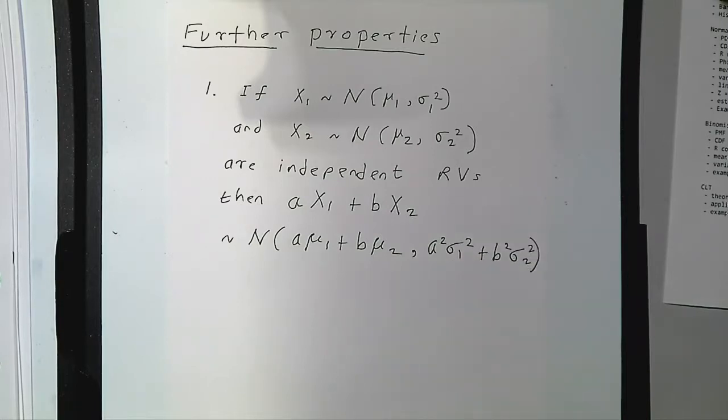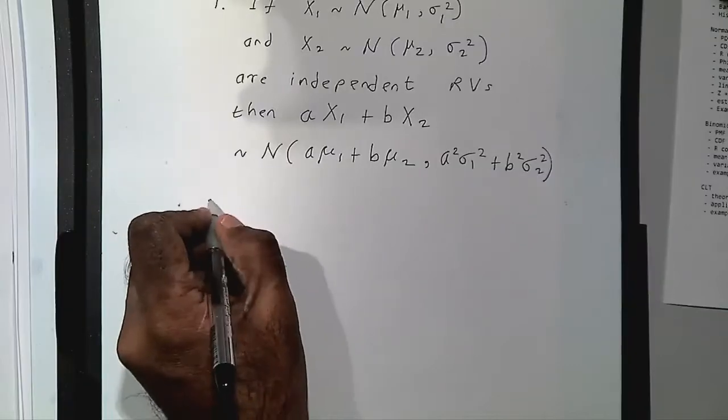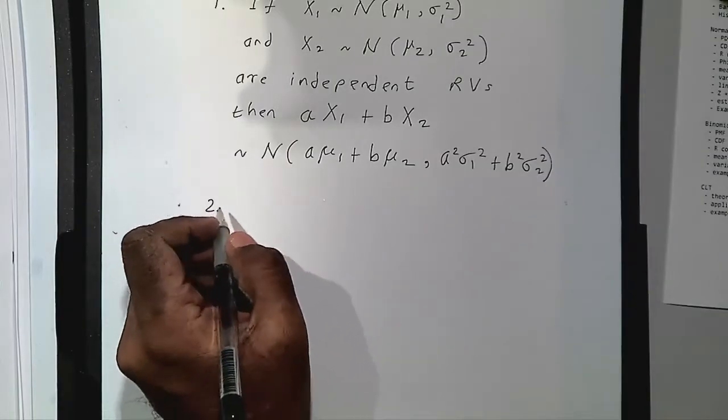All right, this property says the following, that if you have two independent normal random variables, then their linear combination is also a normal random variable. Okay, and the next one, number 2, is the following.